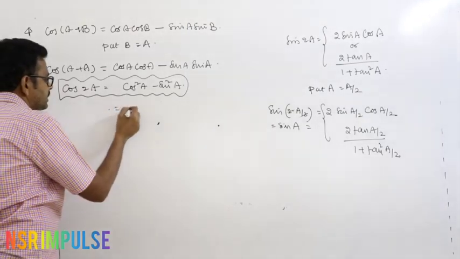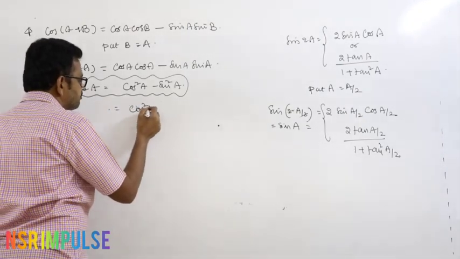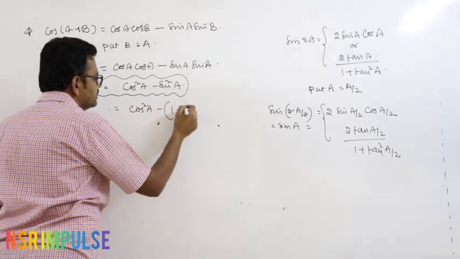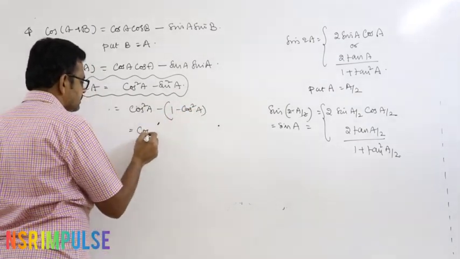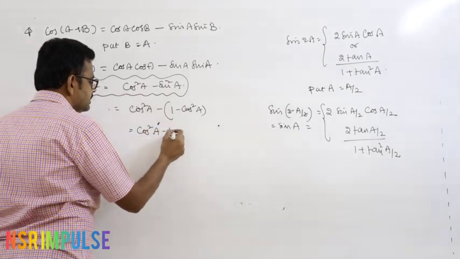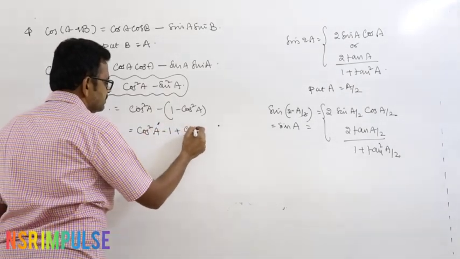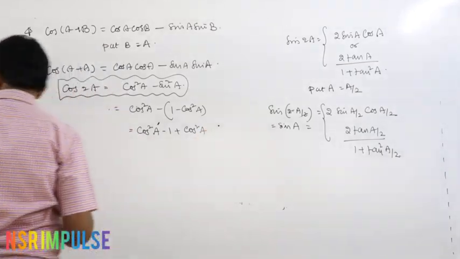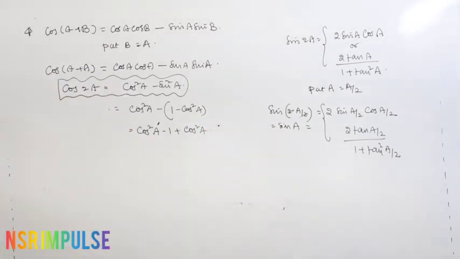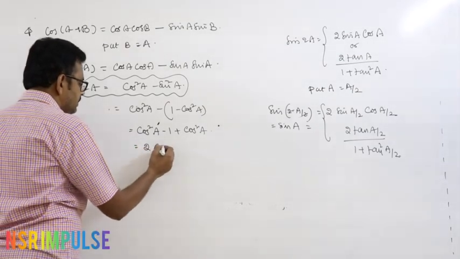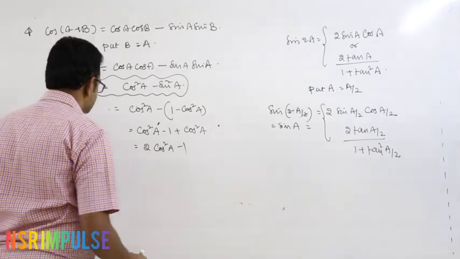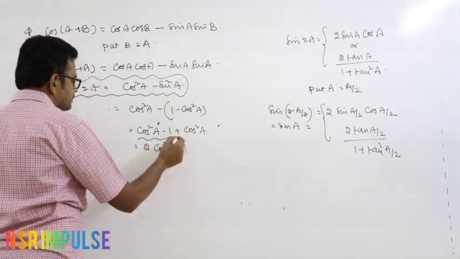Now cos square a minus sin square a, where sin square a is 1 minus cos square a, that is cos square a minus 1 plus cos square a, which is equal to 2 cos square a minus 1. So this is one formula.